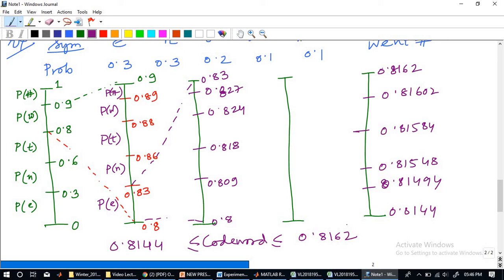Is it matching? Not matching? Okay, that is the last value, I guess. I think I have not updated. Okay, 0.81602 and 0.81620. That's what you are saying.